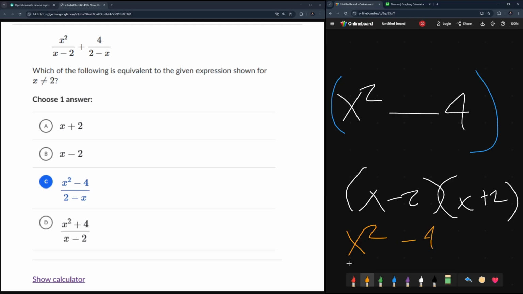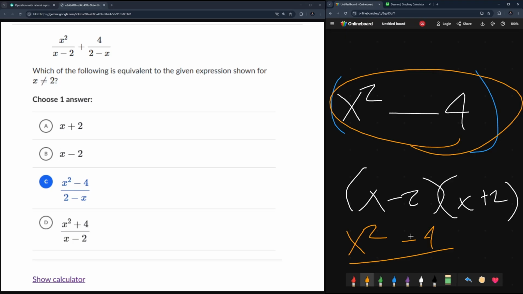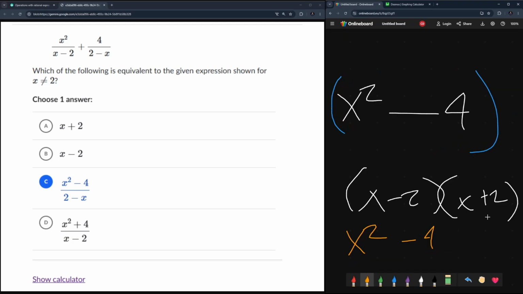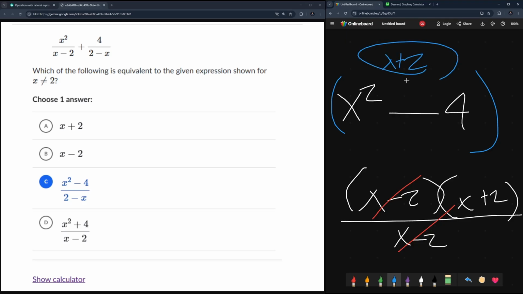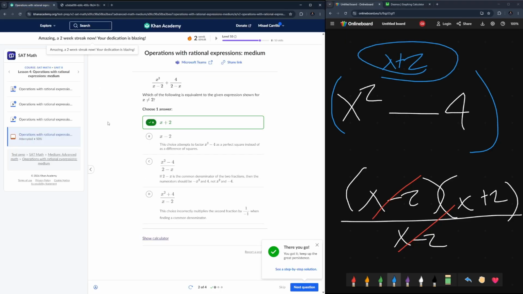So that's what we get, same as this thing, right? Because these two things are the difference of squares, we can set that to be the numerator. The denominator was x minus 2, and here we can easily cancel the x minus 2's and only get x plus 2, and that's option A here. So that's it.